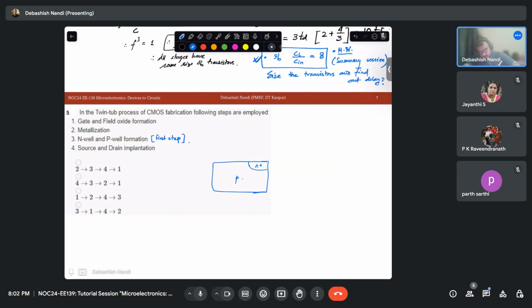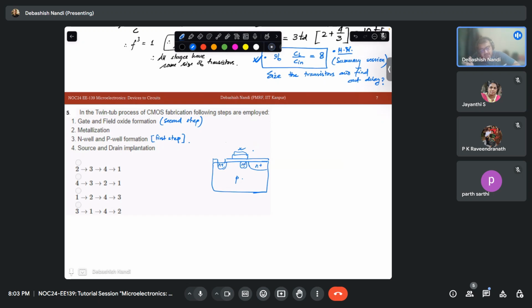Then what you do? Then you do oxidation again. Then again you make the windows. Again you make gates and all. So this becomes your second step. Okay, you make your gate oxide and field oxides. After that, what you do? After that, again you create another mask layer. You again use UV light, use photoresist, same method, etch this much out, then do the source and drain doping.